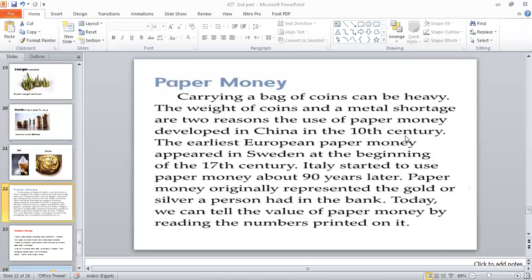So, Muhannad, here I have a very small question. Why did they invent the paper money? Because the coins were... one word, just one word. I'm asking you, Muhannad, my question is why did people invent the paper money?